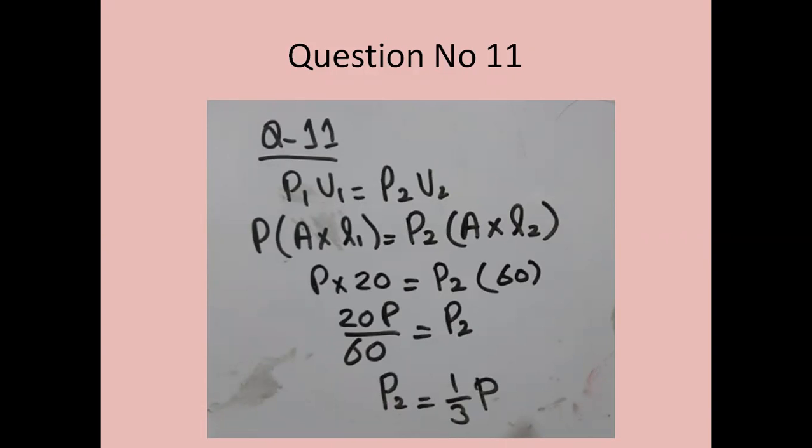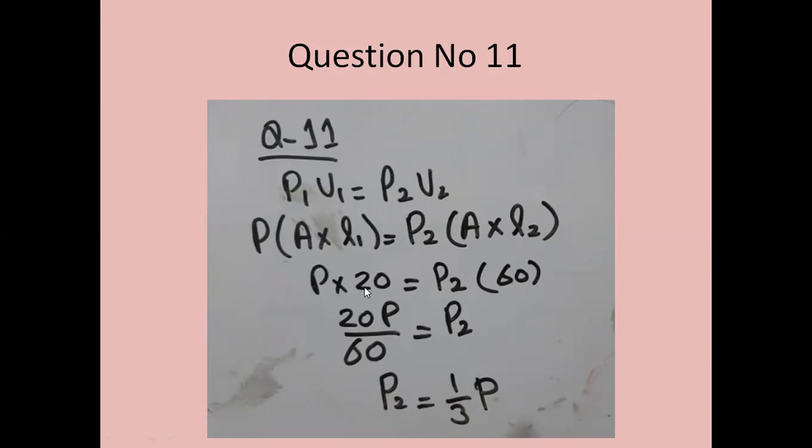The volume will be the cross-sectional area multiplied by length. P2 is what we want to find out, and V2 will be the cross-sectional area multiplied by the length L2. The area on both sides will be cancelled because in both situations the cross-sectional area is the same.